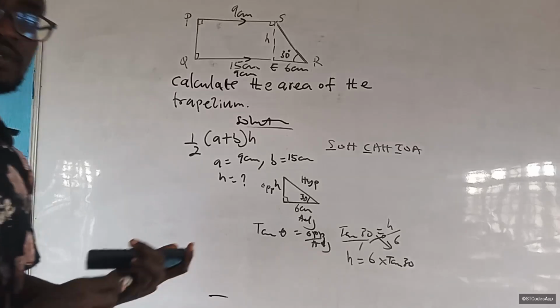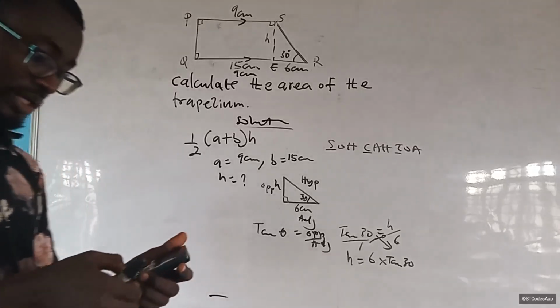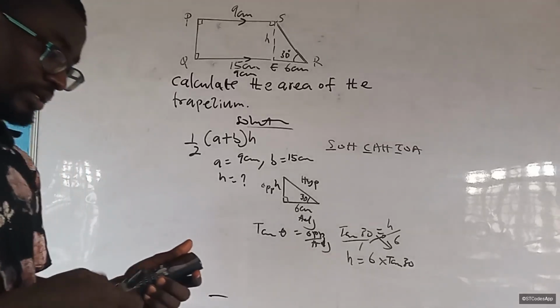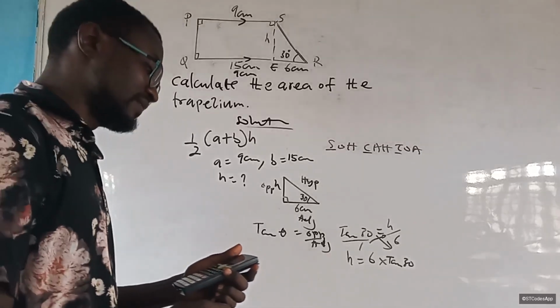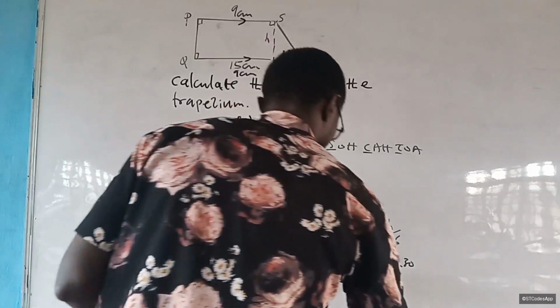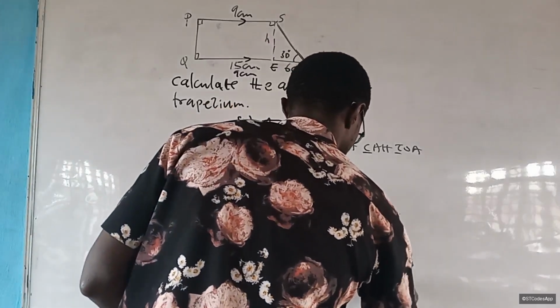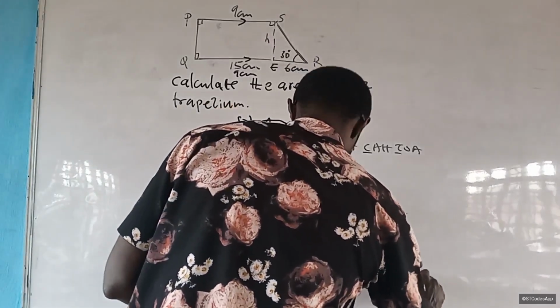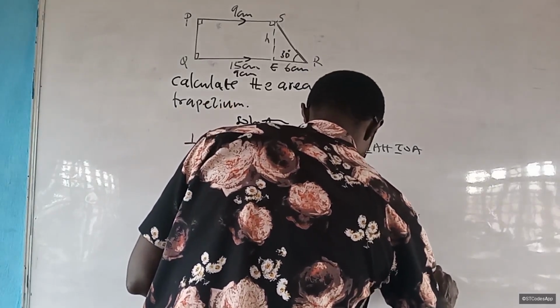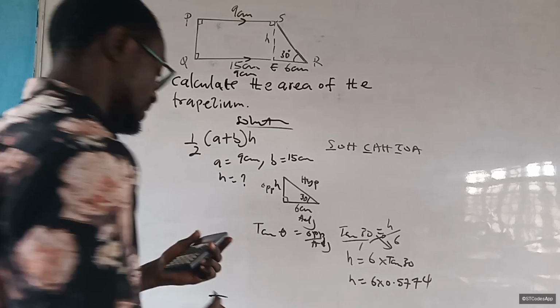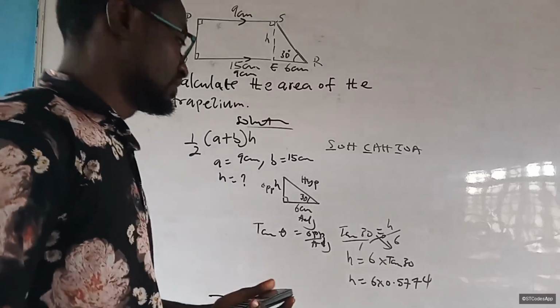What's the value of tan 30? So let's check our calculator. Tan 30 gave us 0.577. Okay. So that means our height will be 6 times 0.577. Okay, I'm going to leave that in 4 decimal places.